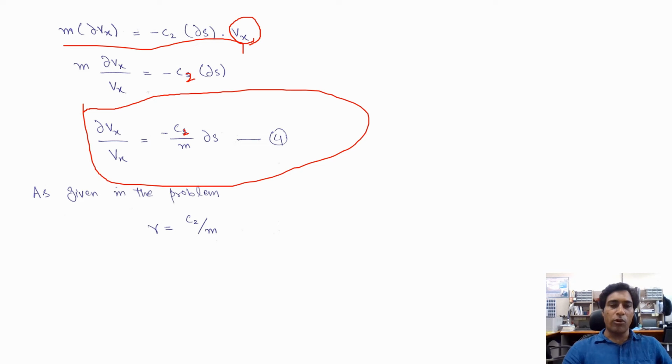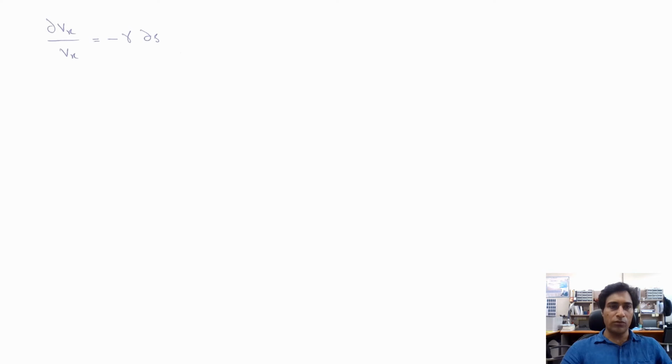As given in the problem, gamma is equal to c2 over m. So in this case equation 4 becomes dvx over vx is equal to minus gamma ds, because the term c2 over m is equal to gamma.